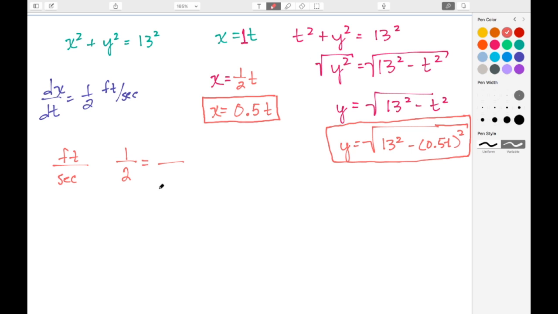Based off the length of the ladder, which is 13 feet, this numerator here is 13, so how many seconds? For seconds, we're going to use t for time. We cross multiply: 1 times t gives me t, and 2 times 13 gives me 26. So the t value that I need for this particular problem is going to be 26. We're going to incorporate all this information into our model.